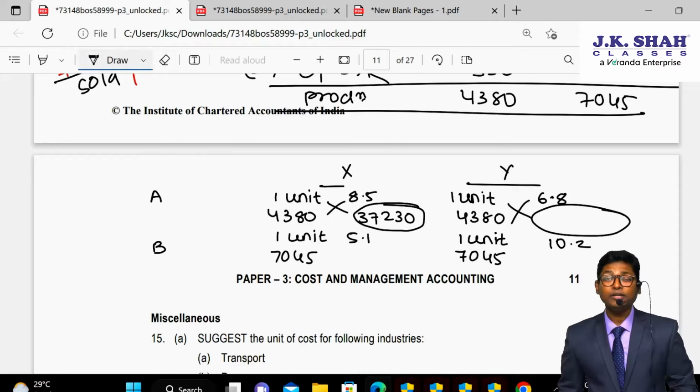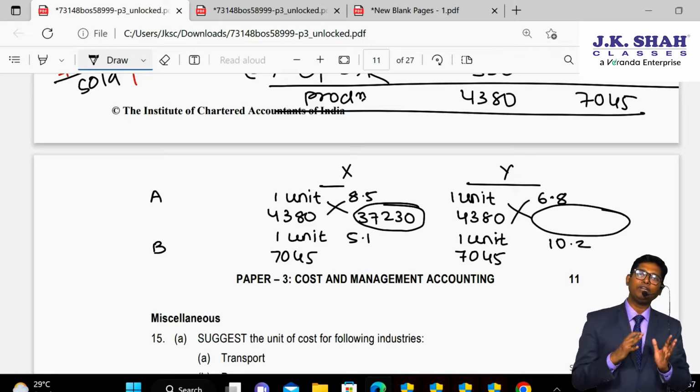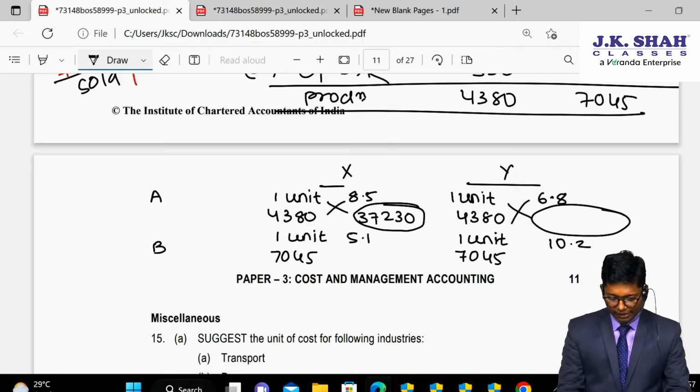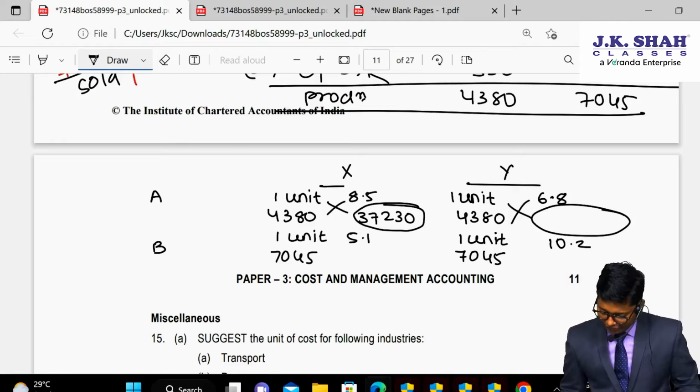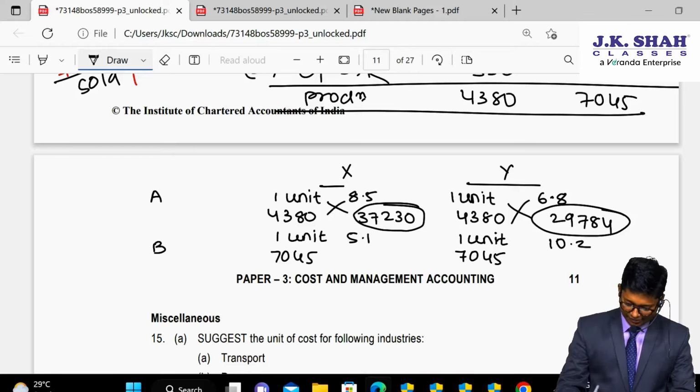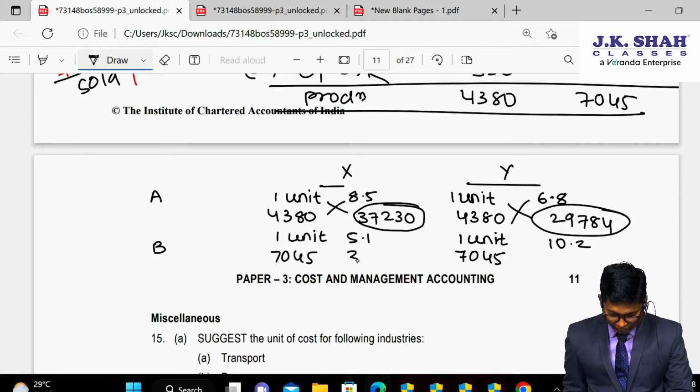Now if you are planning to produce 4380 units of A, how much material is needed? That you need to calculate. 4380 into 6.8 is 29,784, and 7045 into 5.1 is 35,930 rounded off.